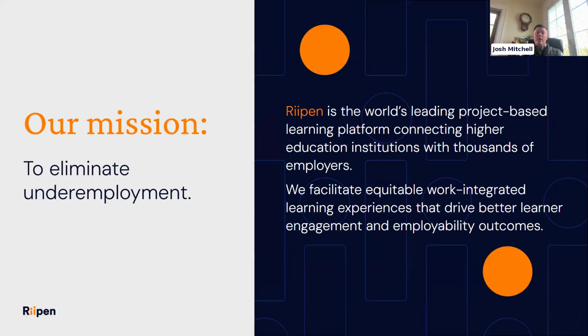And so that's where we'll transition over to talk about how we bring that to life here at Ripen. Ripen's been in business for about a decade, and from the start, our mission has been around eliminating underemployment. So the data that is out there on underemployment illuminates how important this is, but that really is what we have sought to address here at Ripen right from the start, where our co-founders were looking at their own educational journeys and their opportunity to do co-op in Canada, but seeing that not all of their colleagues and peers had those opportunities.